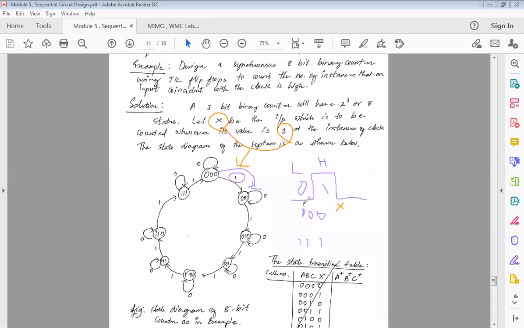So this becomes my A, B, and C, and X becomes my clock. And I will make sure how they are moving from one value to another.